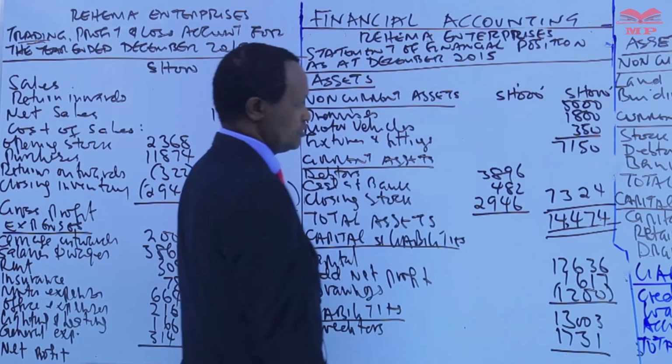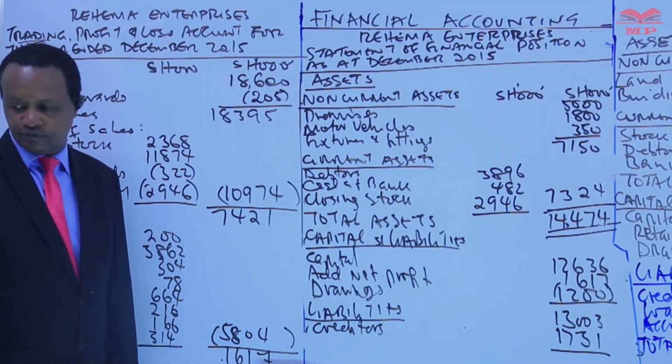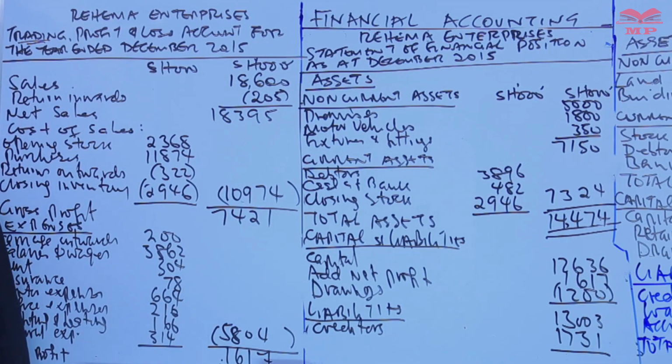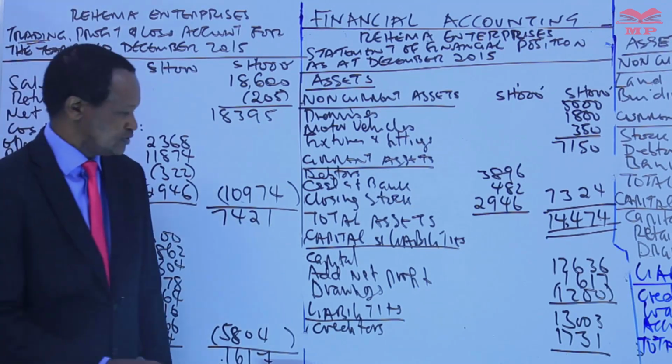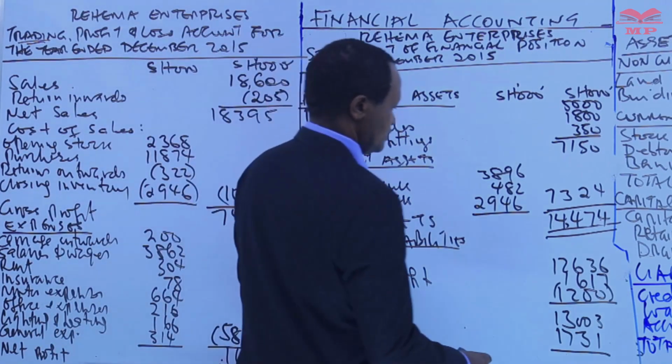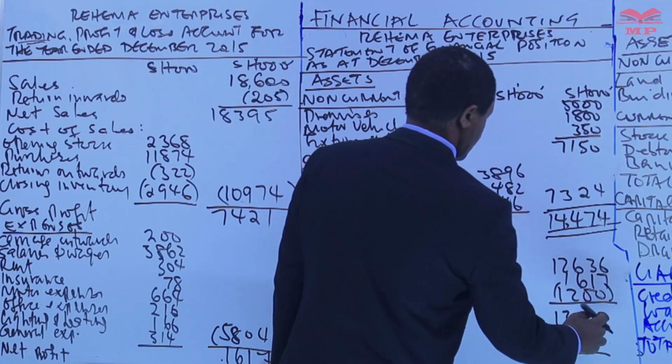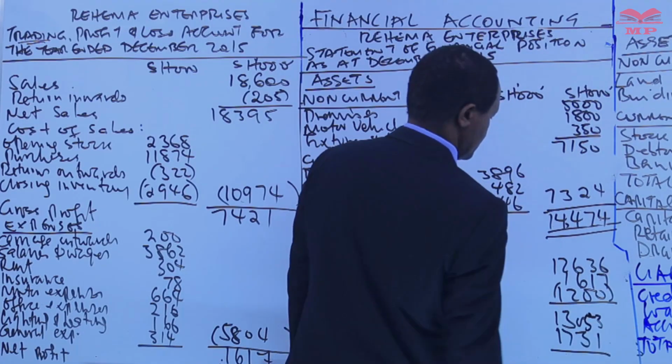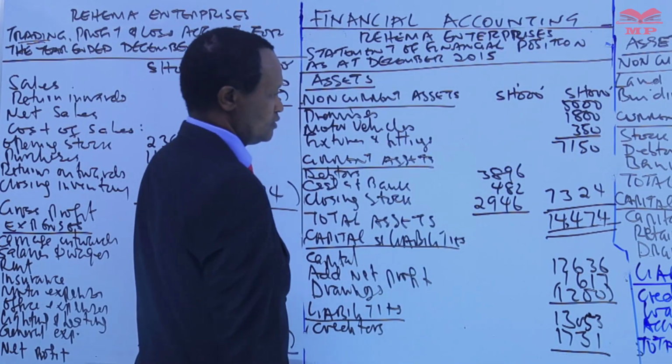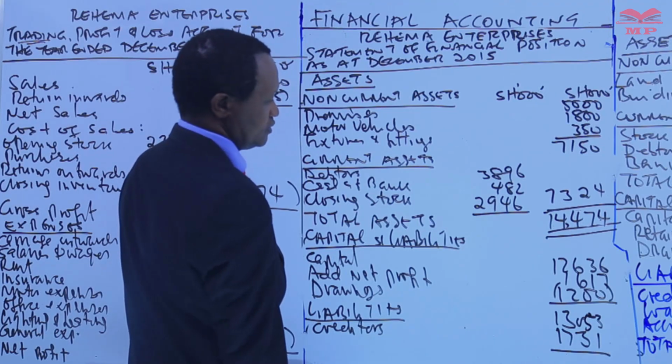Is it adding up? I'm getting another figure, 13,053. Capital, 13,053. Which is which?